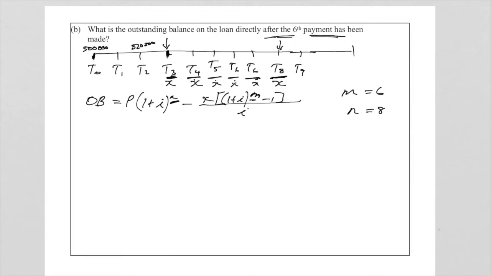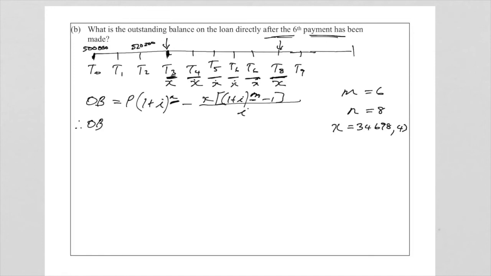We're going to grow that loan. And we calculated X already in the A part of this question, and that was the 34,698.43.